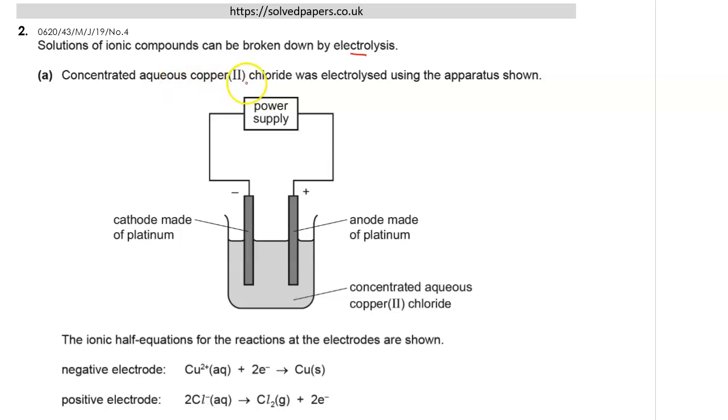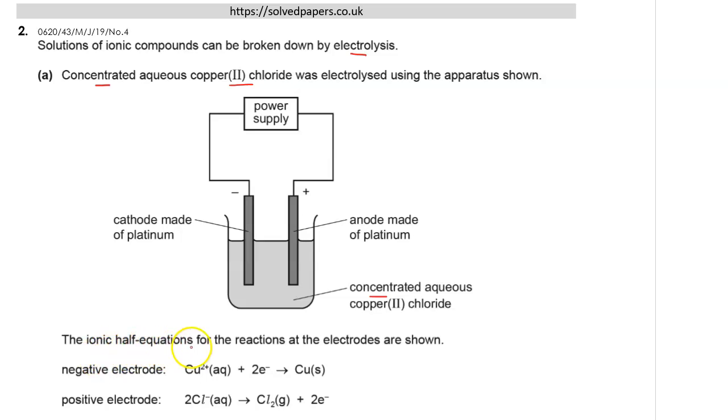Concentrated aqueous copper chloride was electrolyzed using the apparatus shown. Okay, we have the power supply, we have electrodes right here. The cathode is made of platinum, same as the anode. Then right here we have the concentrated copper 2 chloride solution.